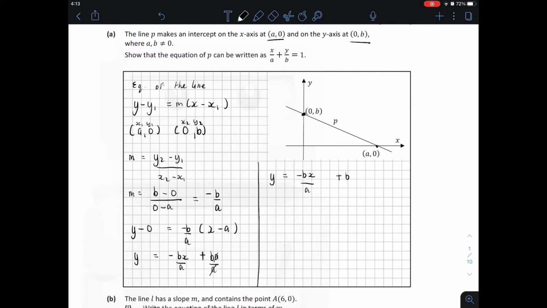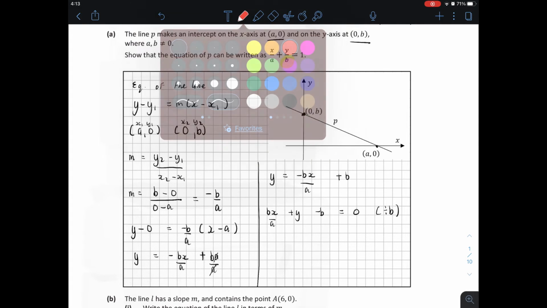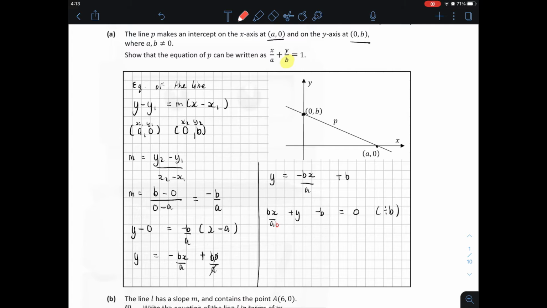From here, I'm going to bring everything to one side of my equal sign, which gives me bx over a plus y minus b equals 0. In the form that we're asked for, we need our denominator as a for x and b for y. So to do this, I am going to divide my whole equation by b, that is, dividing every single term by b.